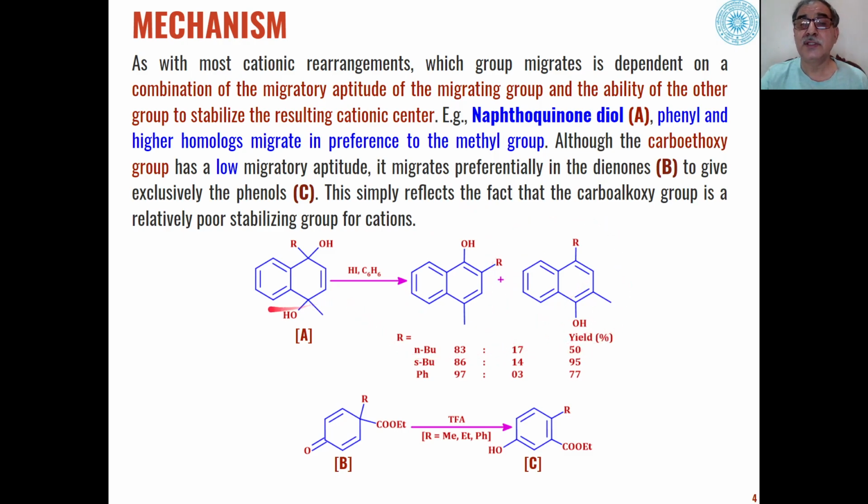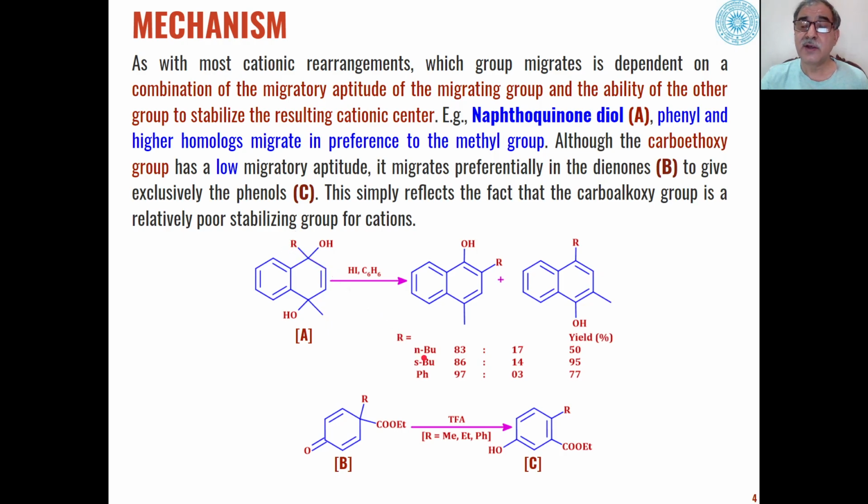So when this type of naphthoquinone diol is reacted under acidic conditions in presence of benzene as solvent, with different substituent groups, you can see over here this substituent is methyl group and this R can vary.